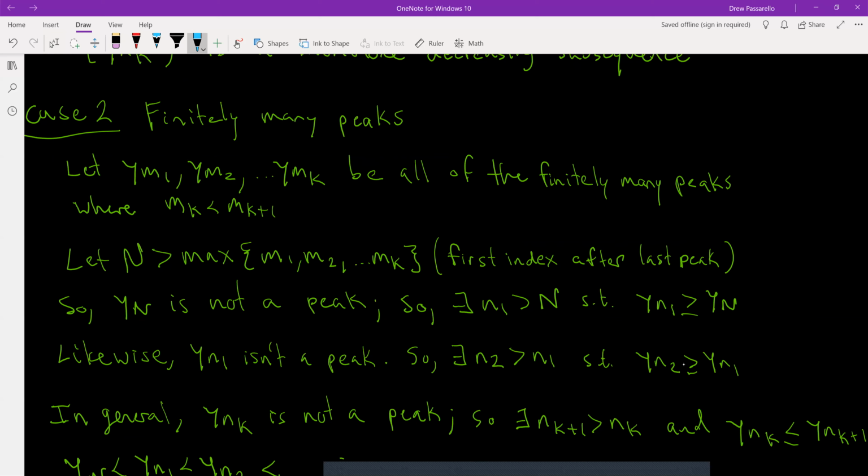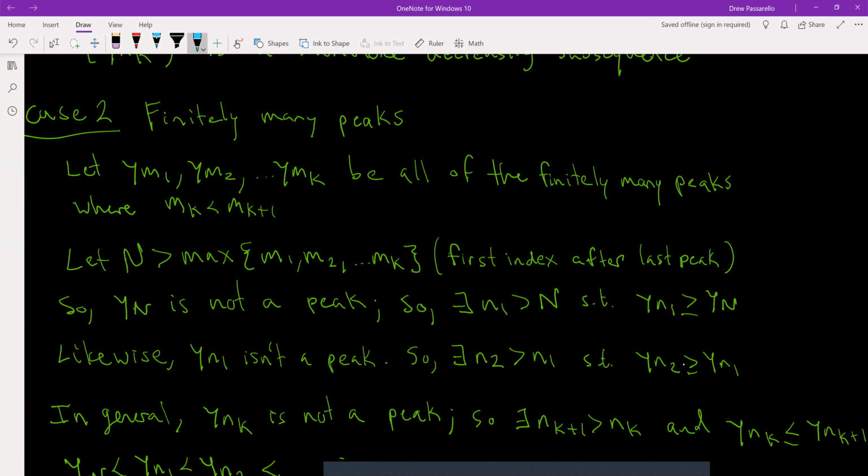So in this case, since this index does not correspond to any of the peaks, y_N is not a peak. And if it's not a peak, then there's going to be another index n_1 greater than N, such that y_{n_1} is greater than or equal to y_N. Likewise, this y_{n_1} is not a peak.